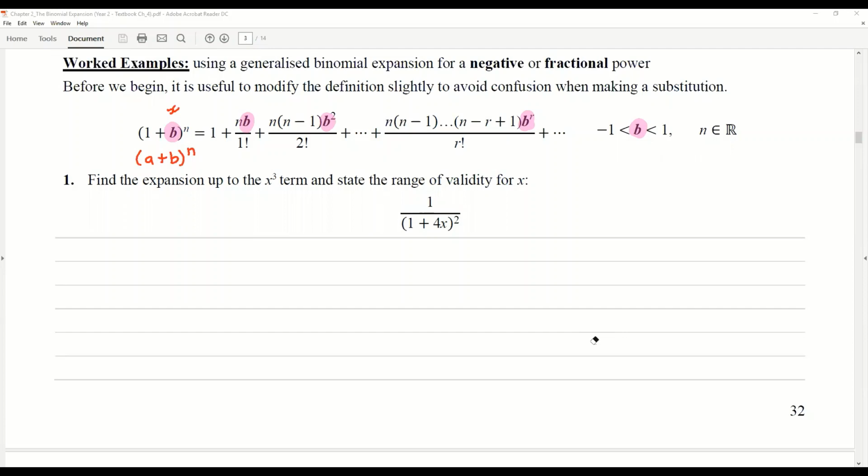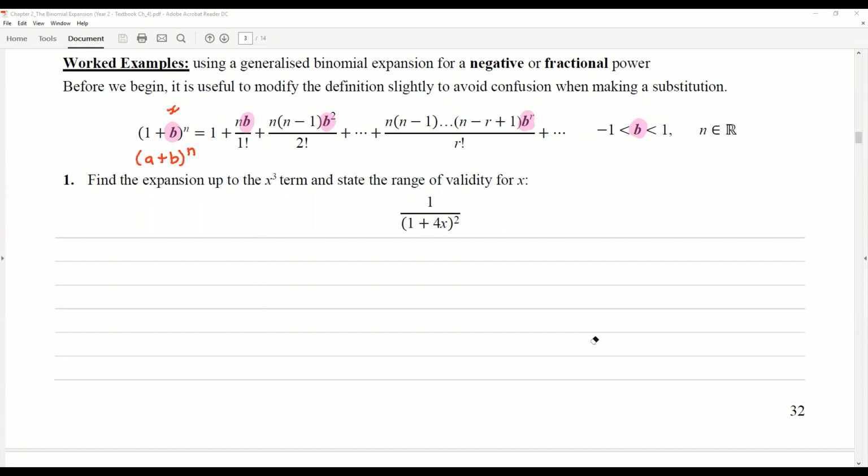But also, as you'll see in the first example we're going to do here, you're going to be substituting in some amount of x for b. Now, if you use x as in a single x, like what's given in the definition, you'll be substituting in something like x equals 4x, as in the first example we're going to do in a minute, and that becomes confusing.